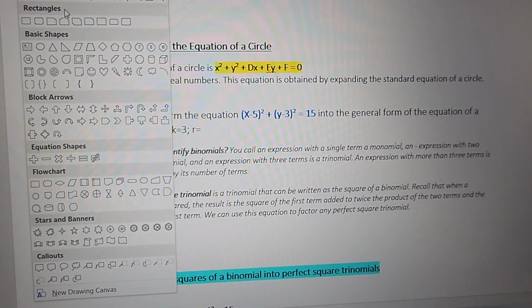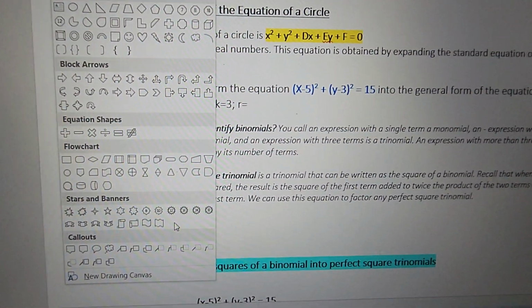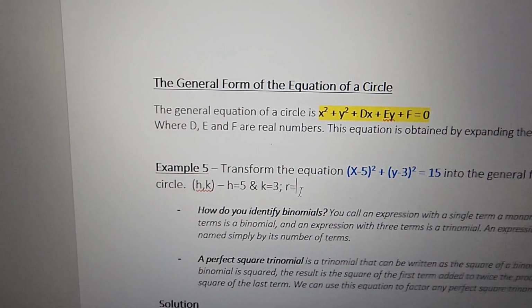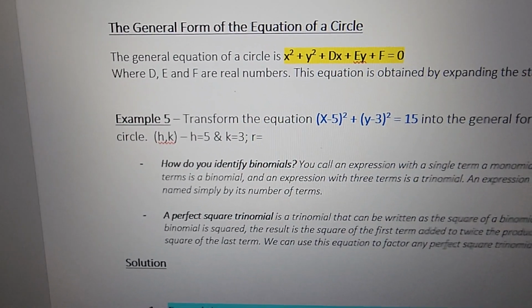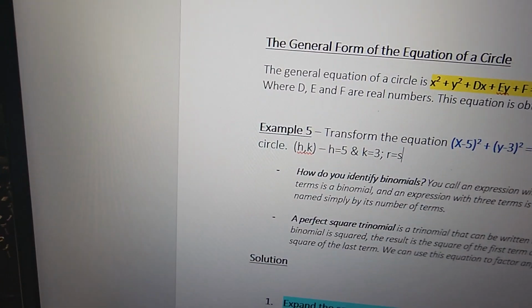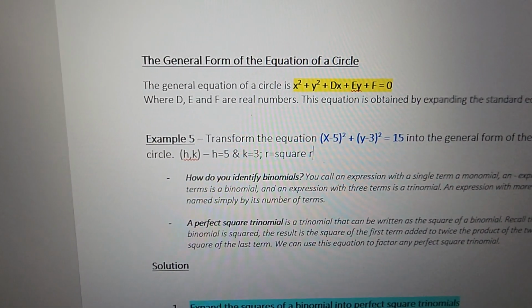Where is the symbol? It's not here. Okay. The radius is 15 square root, because there's no symbol.